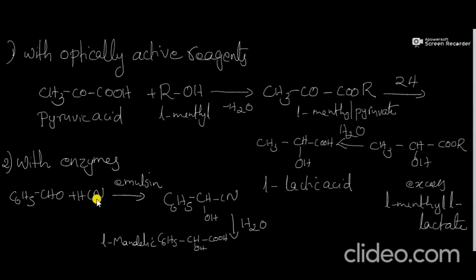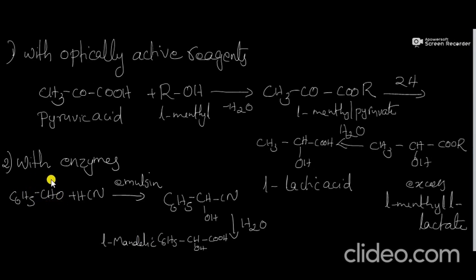CN minus acts as a nucleophile and attacks the carbonyl carbon, and it will be converted into cyanohydrin in the presence of emulsin, which is an enzyme. Followed by hydrolysis, the cyano group gets hydrolyzed into an acid group, and we get L-mandelic acid. Here we can synthesize L-mandelic acid only, that is, from an achiral compound.